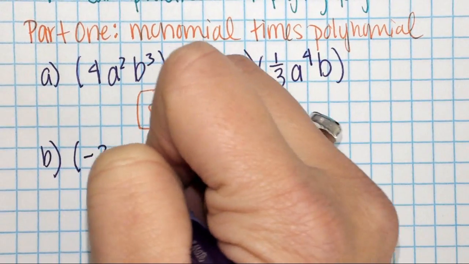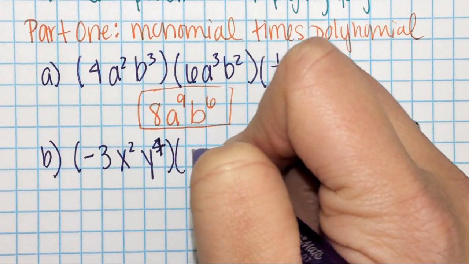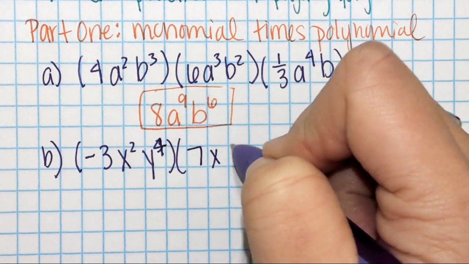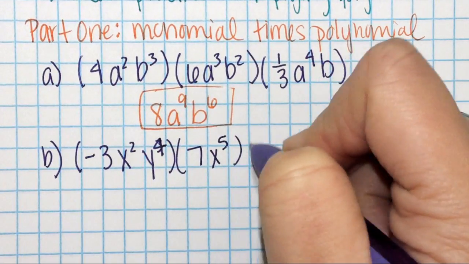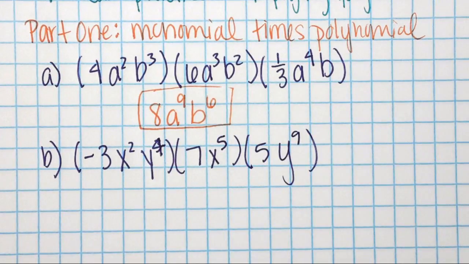Alright, I want you to do negative 3 x squared y to the 4th times 7 x to the 5th, and 5 y to the 9th. Do that one without me.